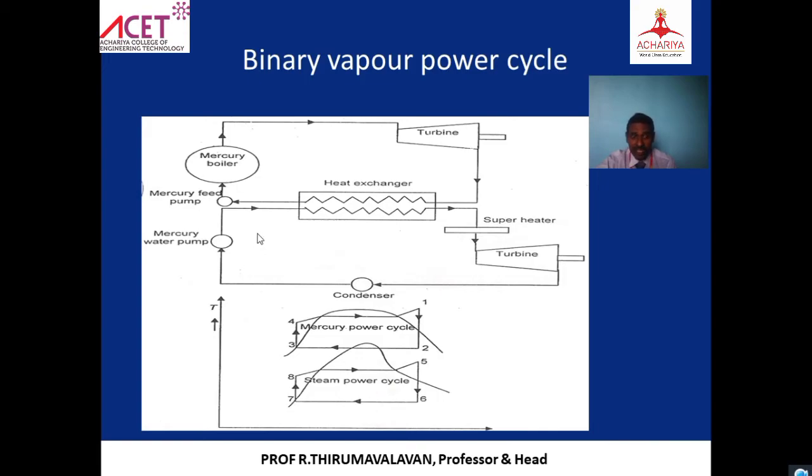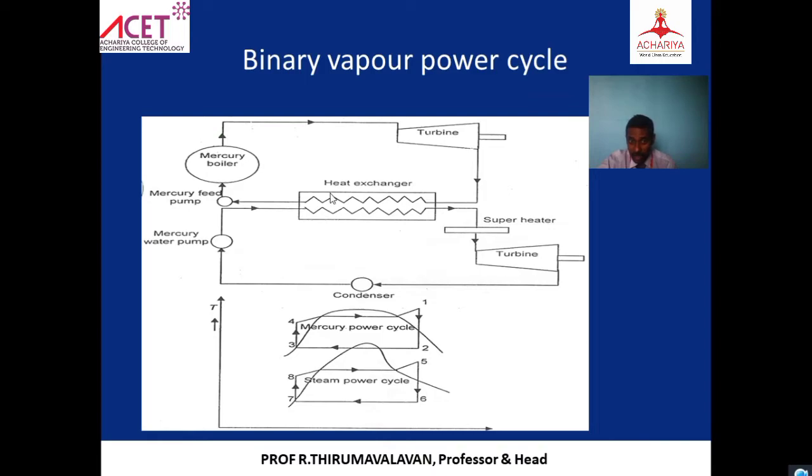At that point, we are pumping the water. That water is entering into the heat exchanger. In the heat exchanger, the mercury vapor is at 350 degrees centigrade. Here the water temperature is at the normal room temperature, 40 degrees. The temperature difference is 350 and 40.